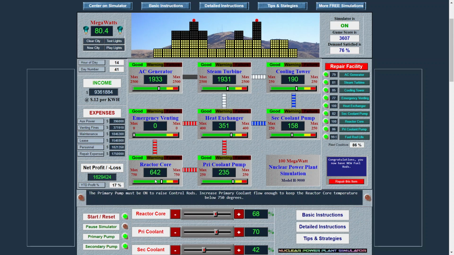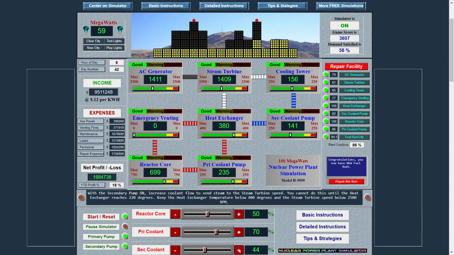It seems to be stabilizing below 700 degrees. Let's go back because it's too hot. Yes. Let's increase secondary coolant because the turbine is at a very low set point.